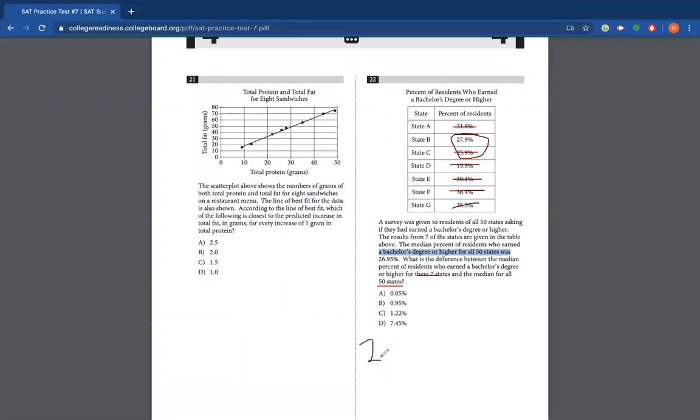So we have to subtract 27.9 minus 26.95. So that gives us, that looks like what? That's a bit less than 1, 0.95. Gonna be our answer. Okay? You got that?